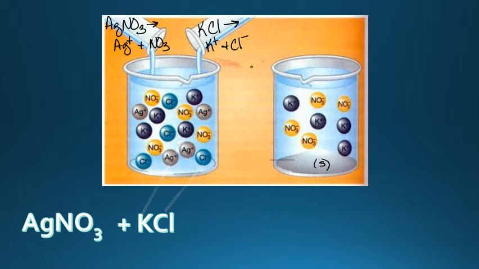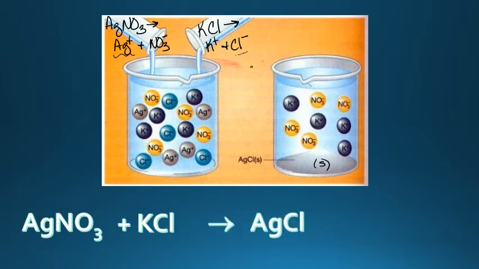In this case, the precipitate is silver chloride, because silver can only hook up with the chloride ions. Silver dumped nitrate, doesn't like nitrate at all anymore. Nope, told it to bug off. It can't hook up with positive potassium. No, that can't happen. So the only one left is chloride ions.